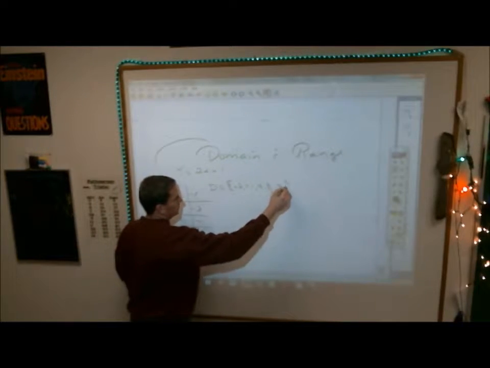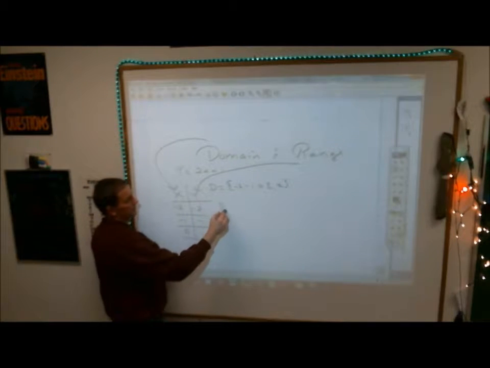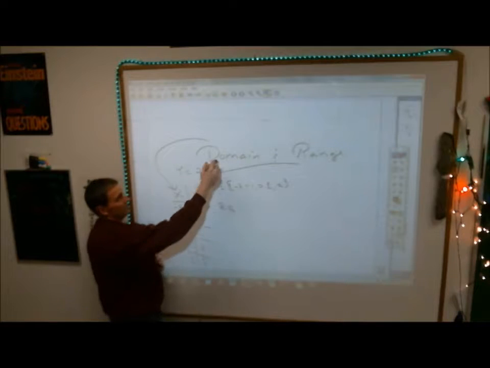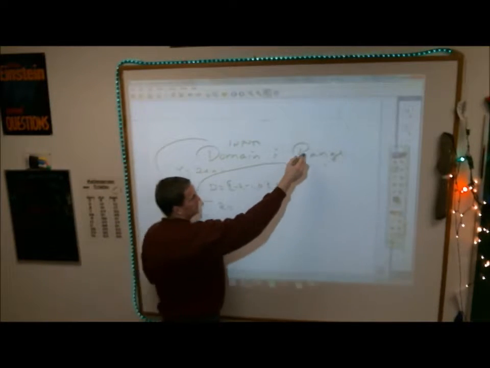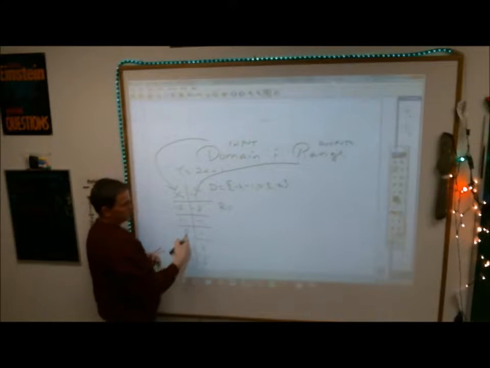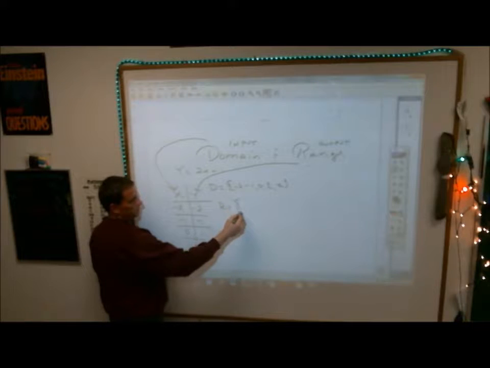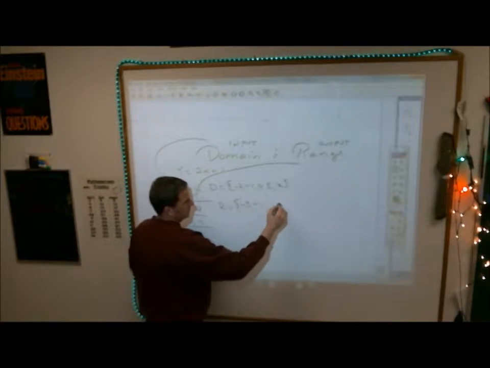And the range is the y values. We also call the domain the input numbers because that's what you input, and the range is the output numbers. So the range would be the set of numbers here: -3, -1, 1, 3, and 5.